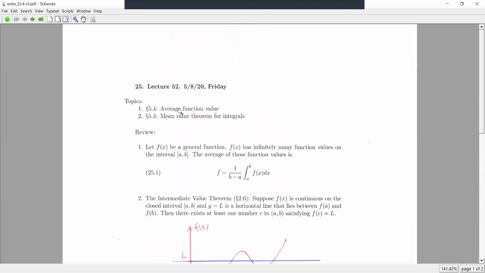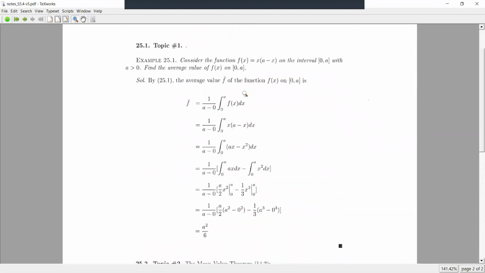In this topic, I want to show you one more example about this formula, okay? Consider this function on this interval, where A is some positive number.